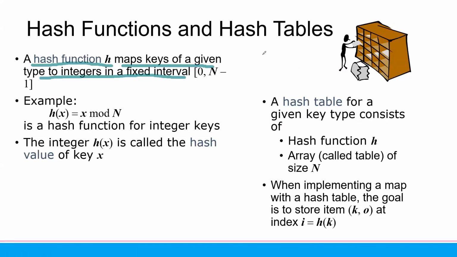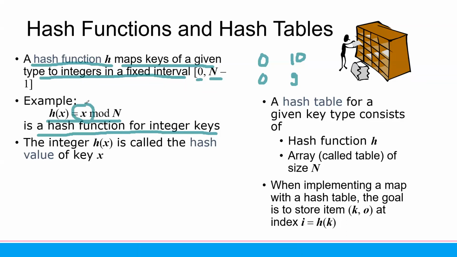So if you have 0 until 10, then you will have 0 until n minus 1, so it will be 0 until 9. For example, we can have a function something like x mod n. x mod n is a hash function for integer keys. So this is just an example.